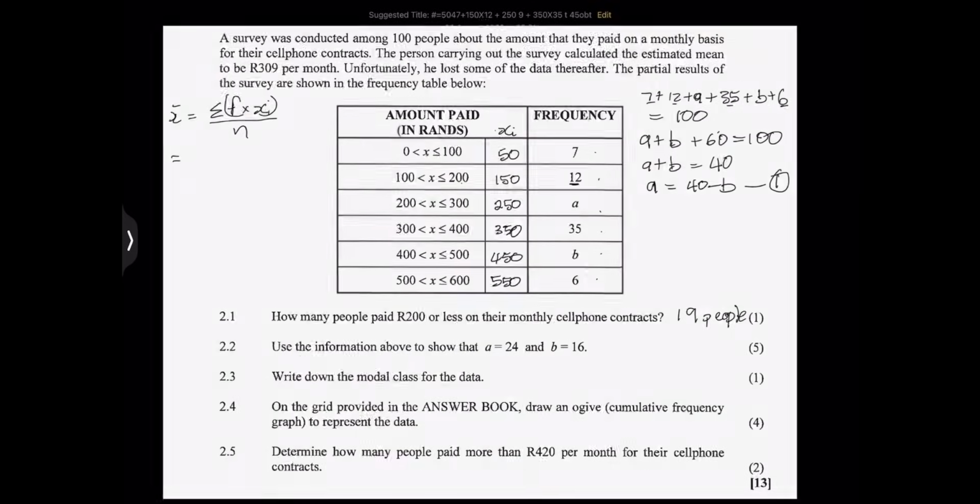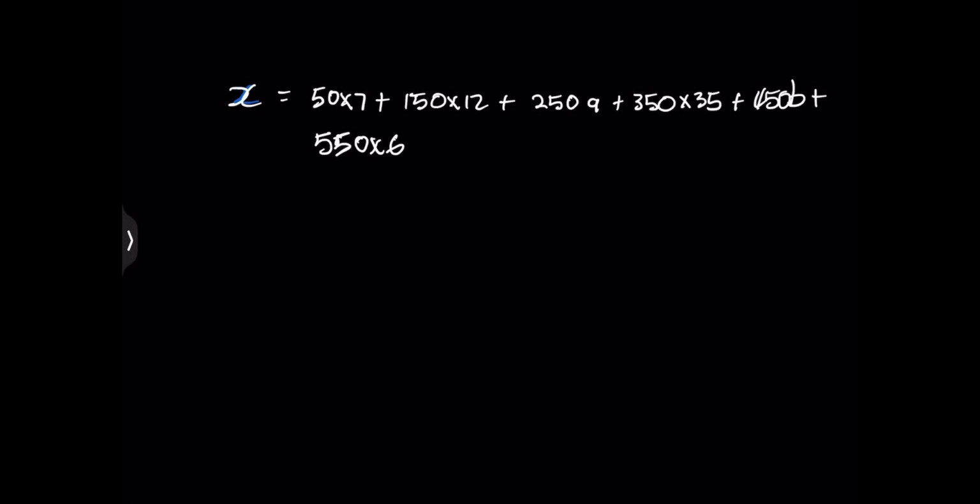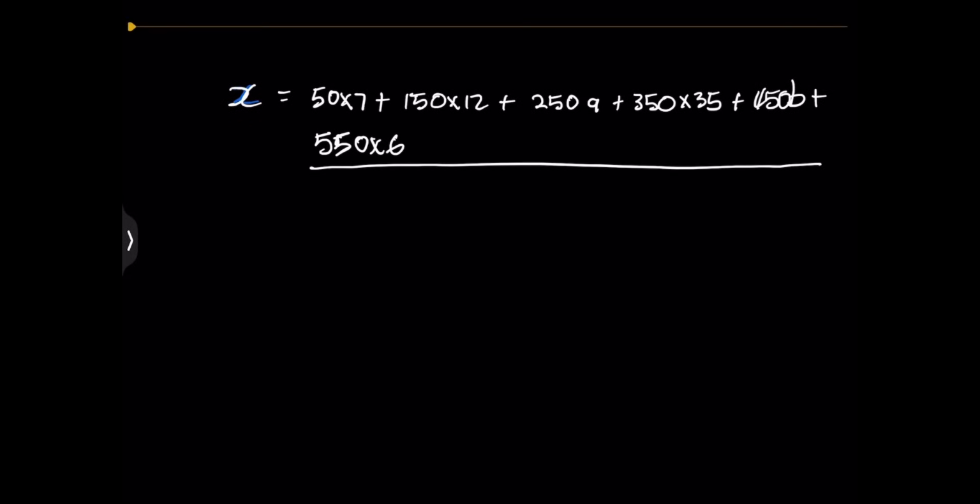So I'm going to add all of those up, but remember, we divide all of that by 100, which is the total number of frequency. But we know that all of this is equal to 309. Ladies and gents, I'm really not going to spend as much time here. I think we all know what to do: simultaneous equations.